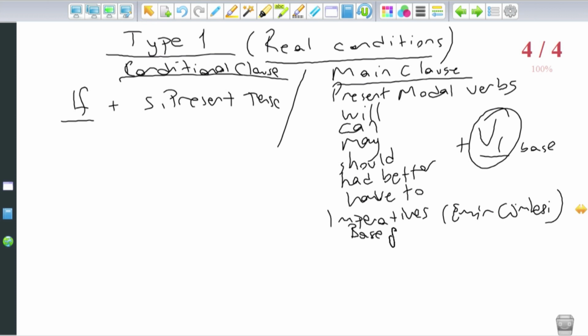For example, I say, come here. Or to make it negative, I make it don't come. Do you understand? It's the basic use of imperative. I just use my verb. If I want to make it negative, I use don't before the verb. It's very easy to use imperative structures.